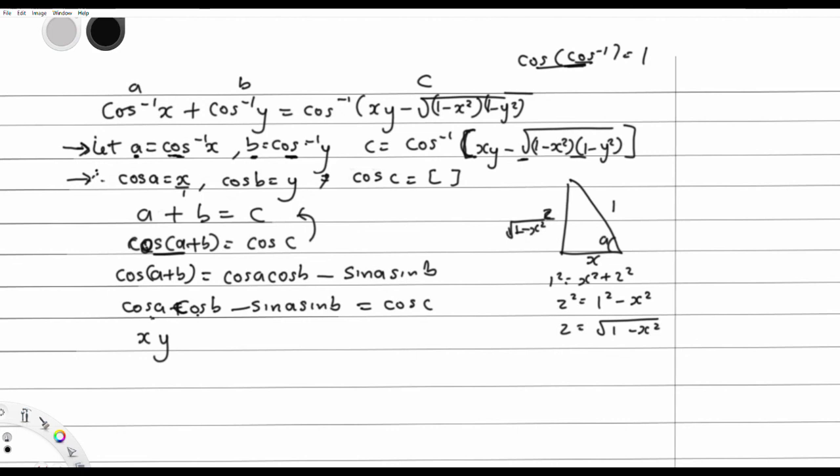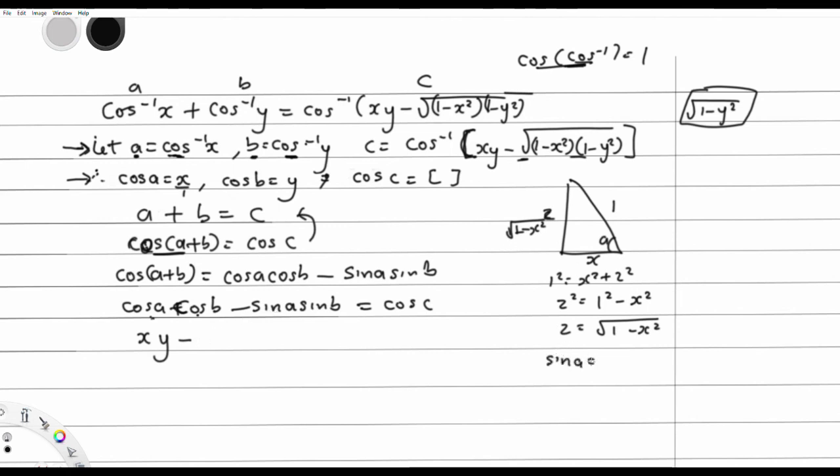Then we can also say the same way, if you do it for b, you also get square root of 1 minus y square. So let's not bother to waste time doing sine b. You can try it out and see. So minus sine a is what? We already know sine a.